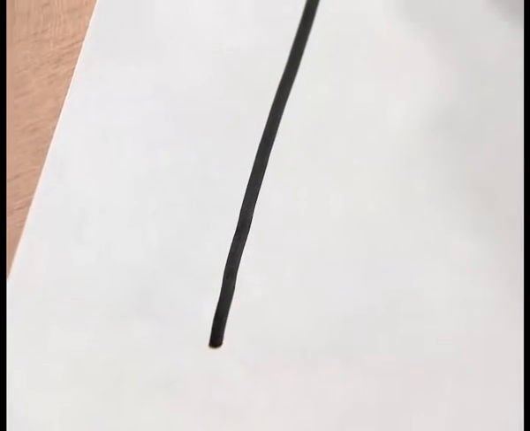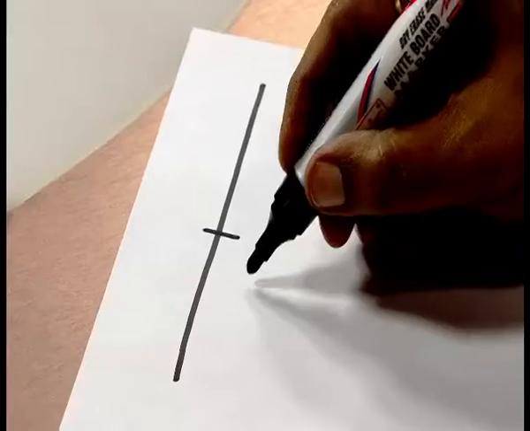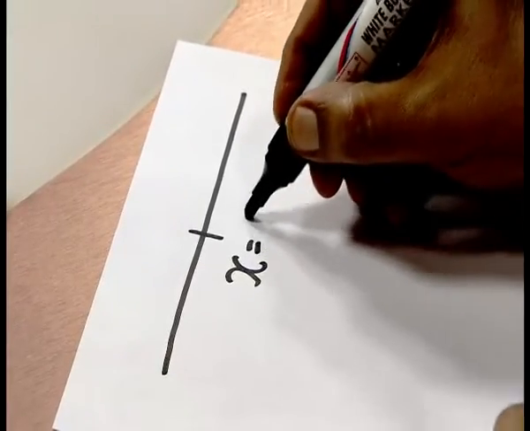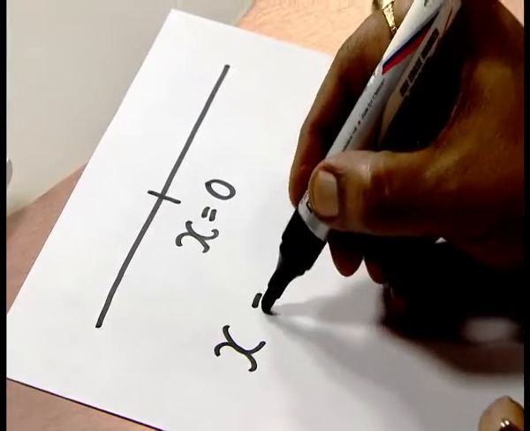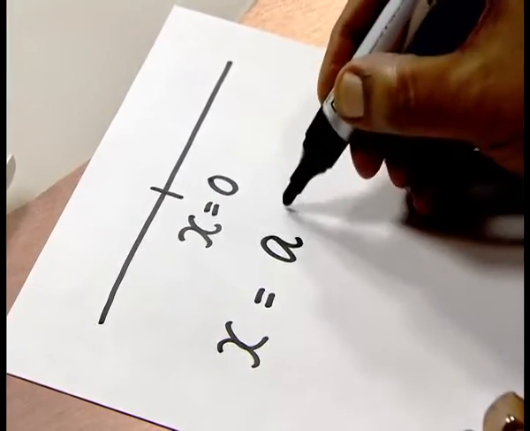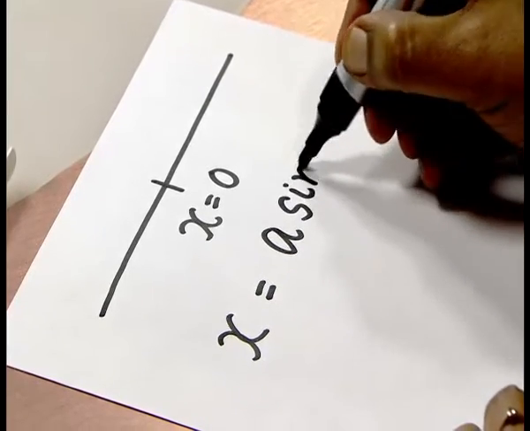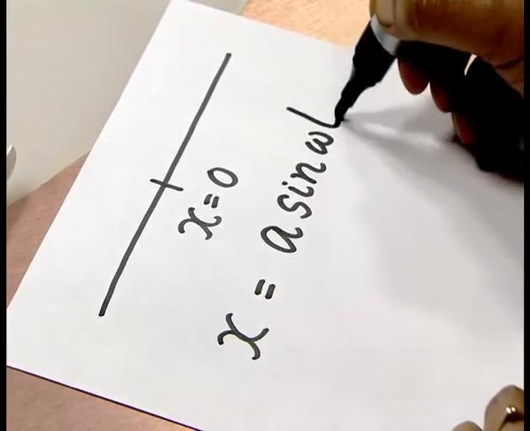So, let us consider a linear simple harmonic motion, that is simple harmonic motion taking place along a straight line. Let this straight line be the x axis, and this point is x equal to 0. Now, as I told you, the displacement time curve would be sinusoidal. So, the equation is written as x = a sin omega t.